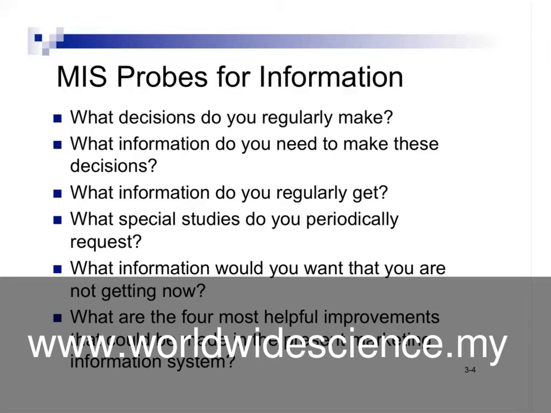When you're looking for marketing information, the first question you ask is, what decisions are regularly made on that certain type of product? What information do you need to make these decisions? Let's say I'm a customer and I want to buy a toothbrush.